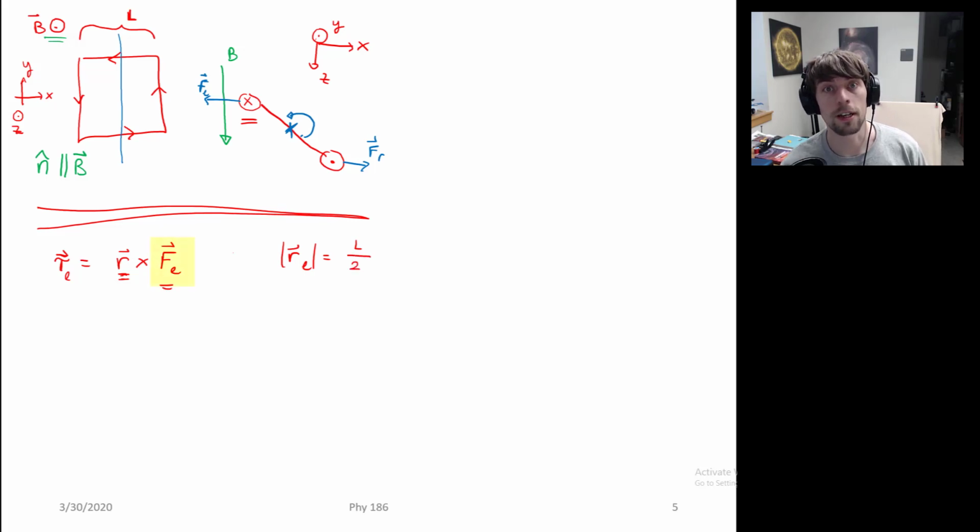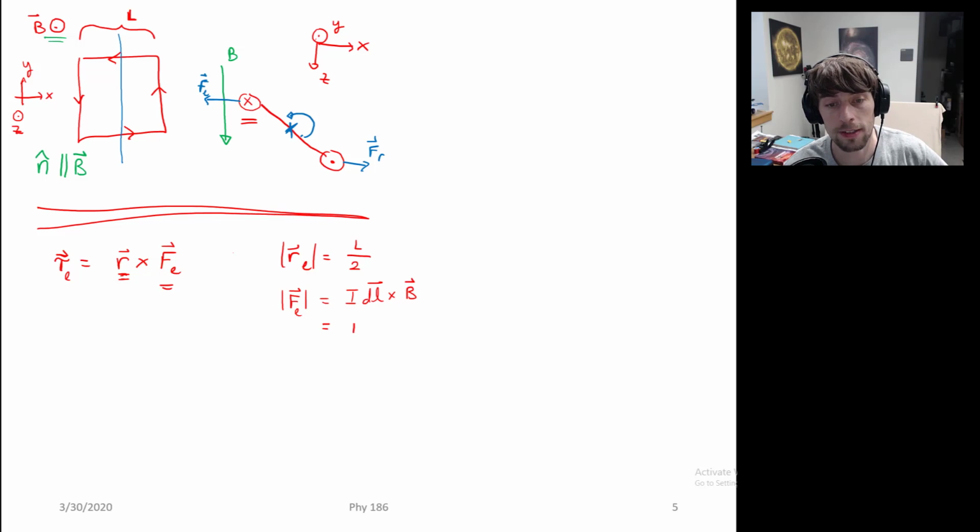Let's get a magnitude for this guy, force FL. The magnitude will simply be, well, we have I dl cross B. But for this case, dl is in the negative y direction, downwards. B is in the negative z direction. All right?